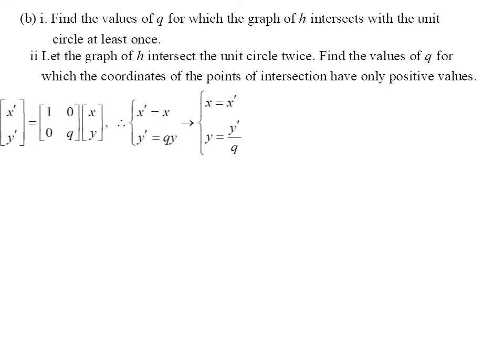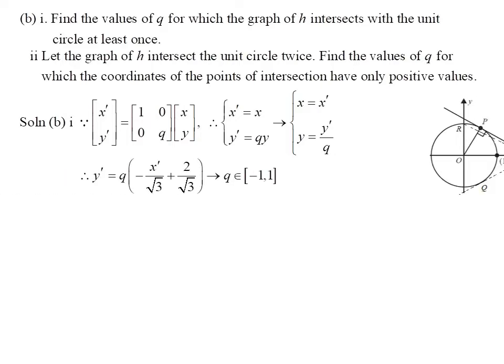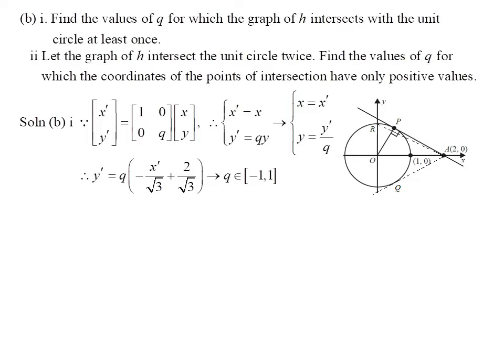Hence, we establish the transfer function in its matrix form and find that x equals x prime, y equals y prime over q. According to the transformed equation and the diagram, when the value of q is greater than negative 1 but less than 1, h of x is between the lines of AQ and AP, which intersects with the unit circle twice.